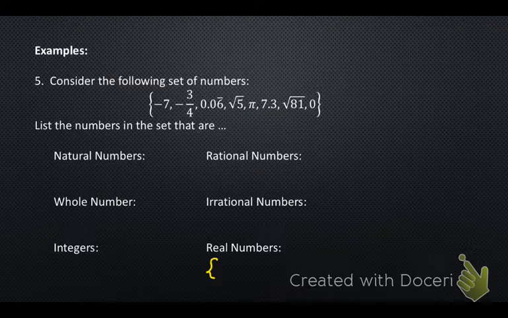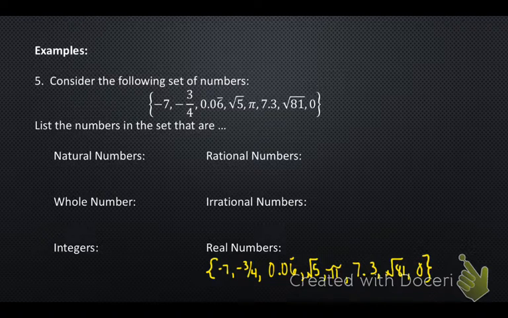I'd have -7, -3/4, 0.6 repeating, square root of 5, pi, 7.3, square root of 81, and 0.